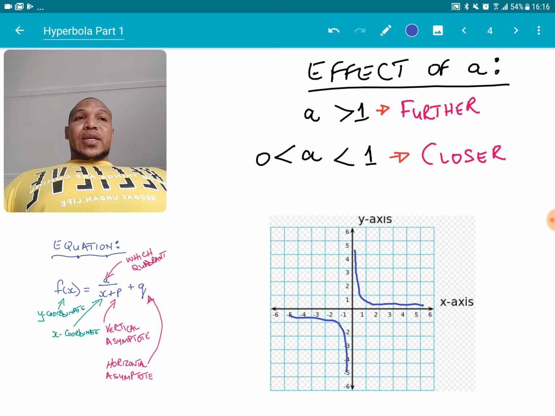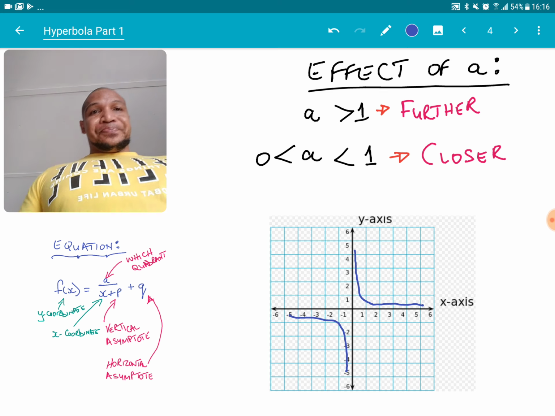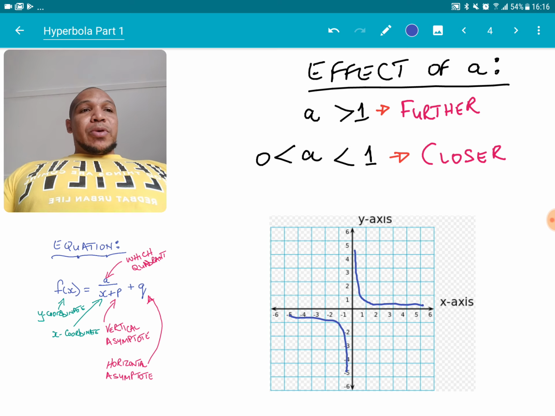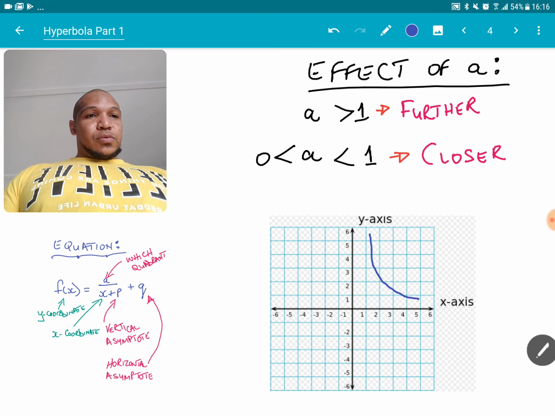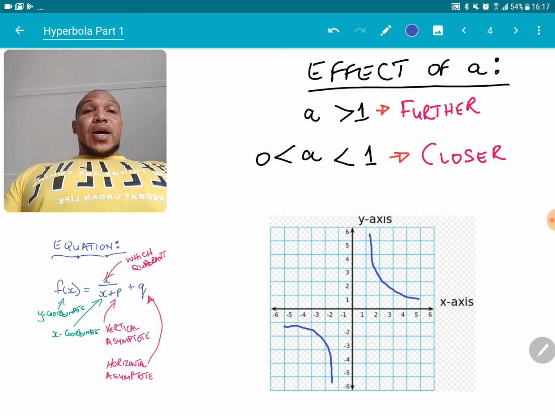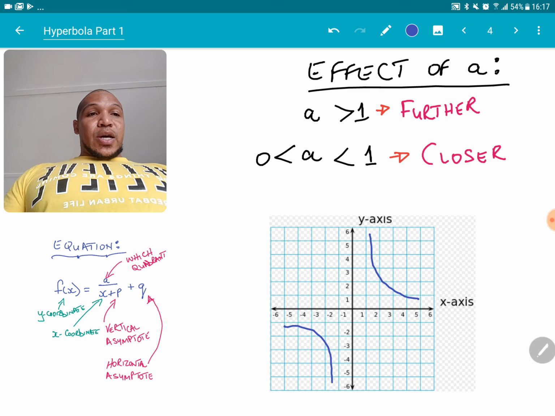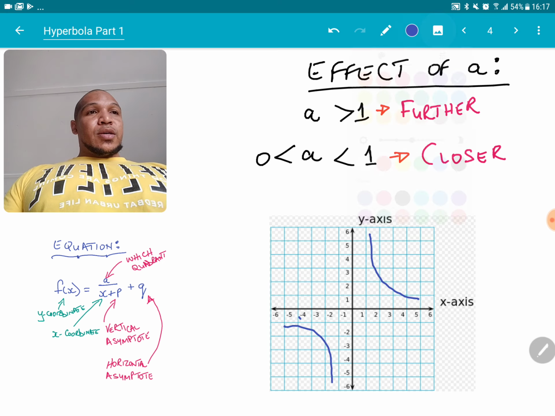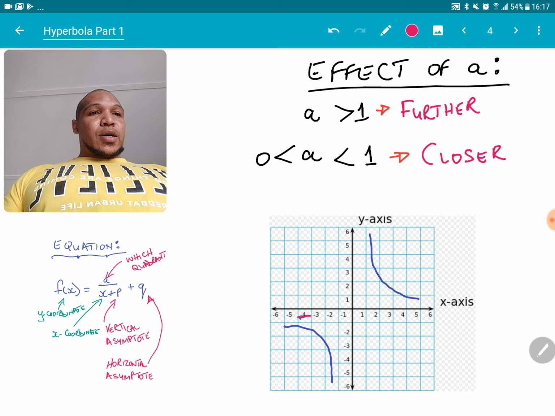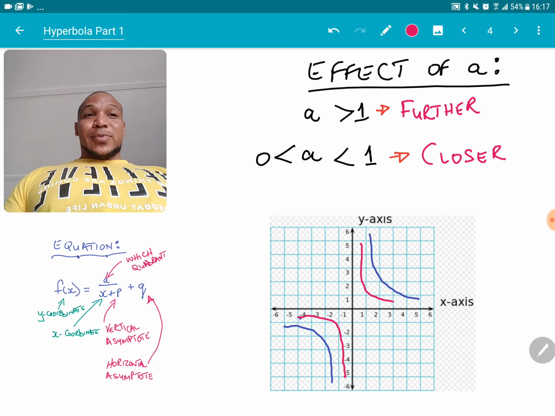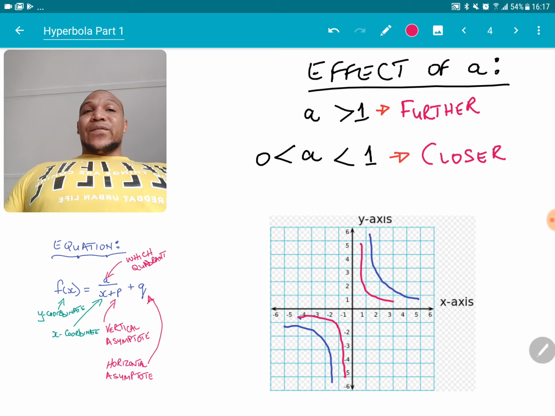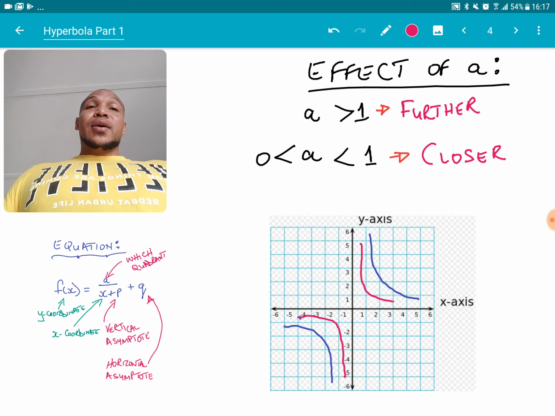When A is greater than 1, then it will be further away from the axis. And when A is between 0 and 1, it will be closer to the axis. Greater than 1, further away.